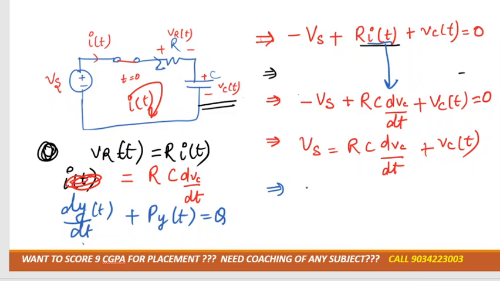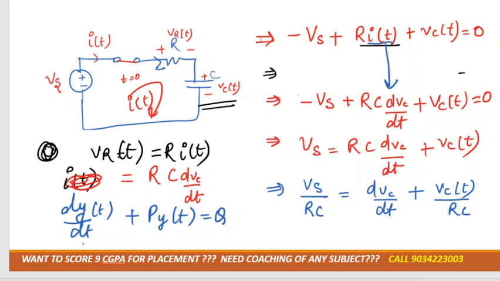By 1. So it would be Vs over RC is equal to dVc by dt plus Vc of t by RC. Yes or no? Any doubt?